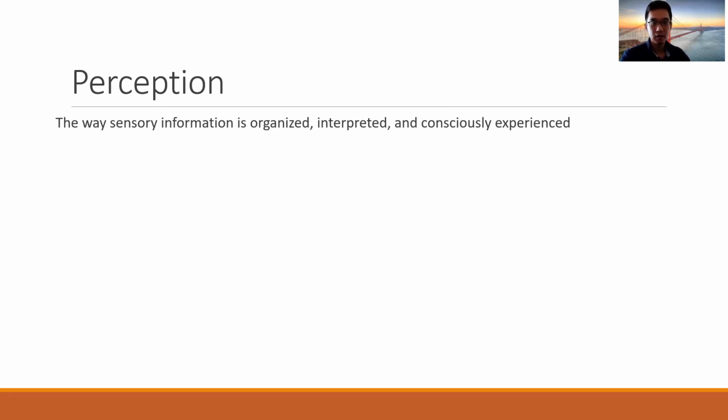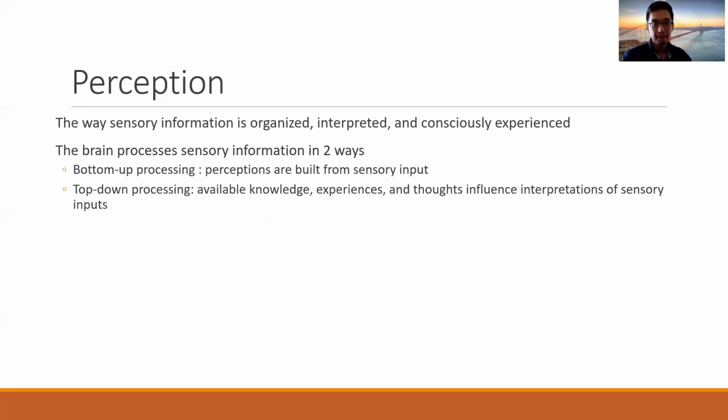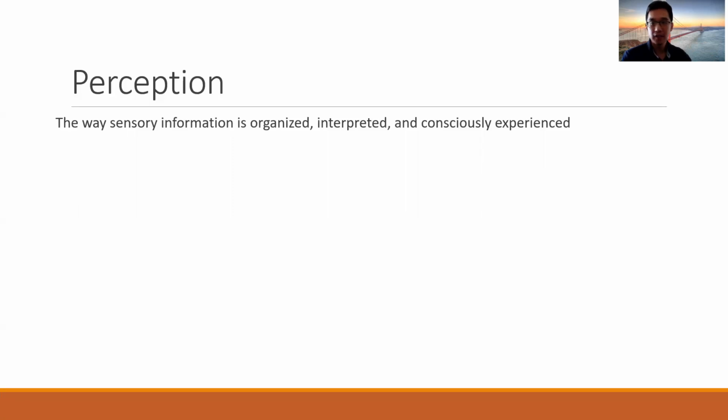So the perception occurs in the brain, not in the sensory receptors. In the brain, the information is organized, interpreted, experienced, and understood. So that's where perception occurs.